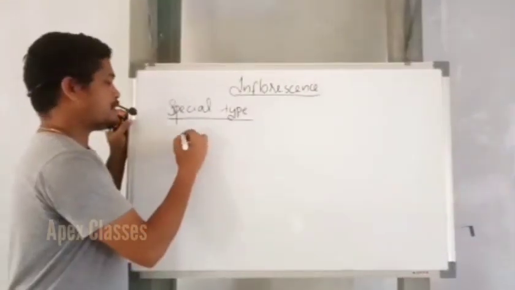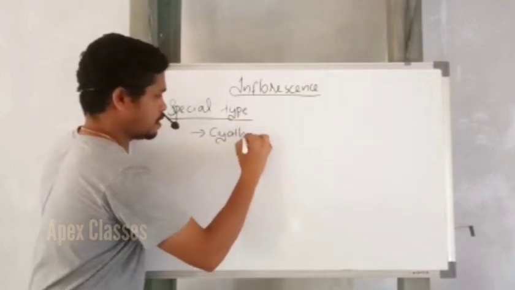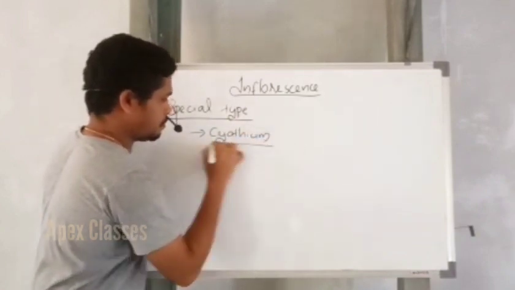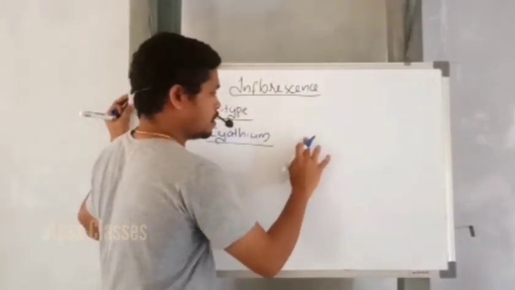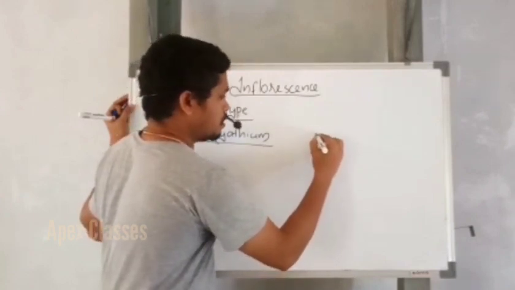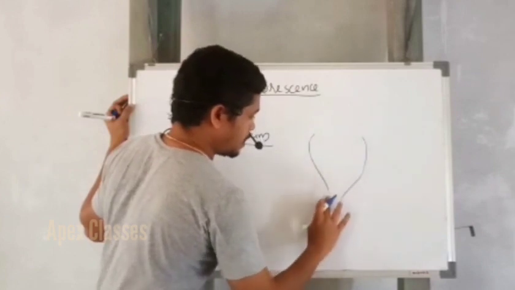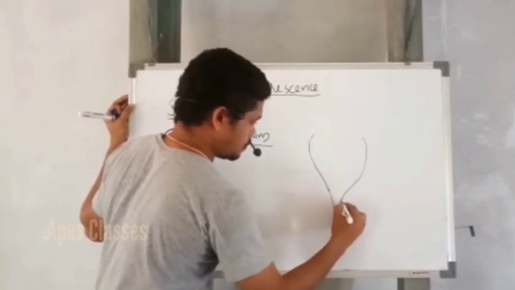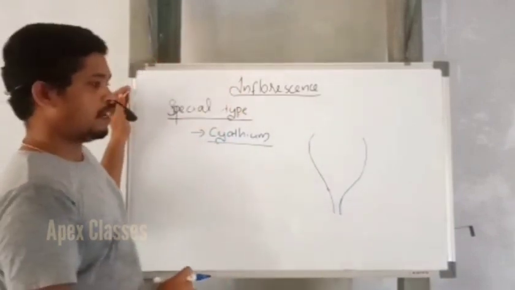The next special type of inflorescence is the cyathium. In cyathium inflorescence, the receptacle forms a cup-like structure by the fusion of bracts, or involucre.